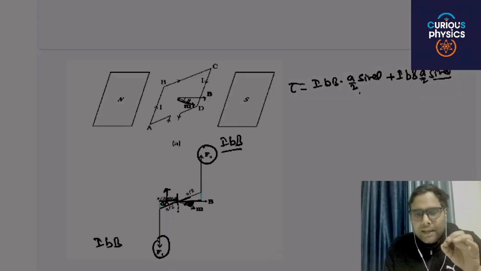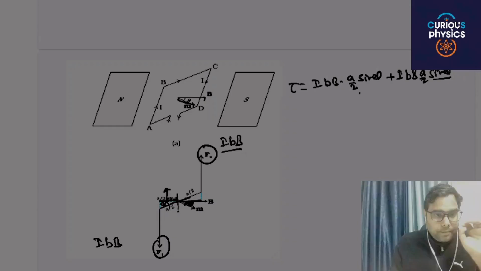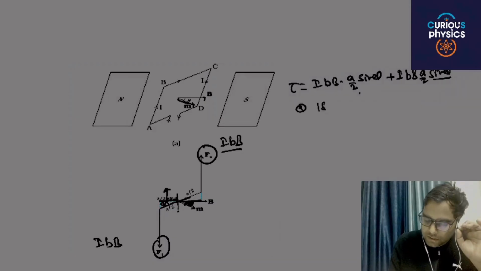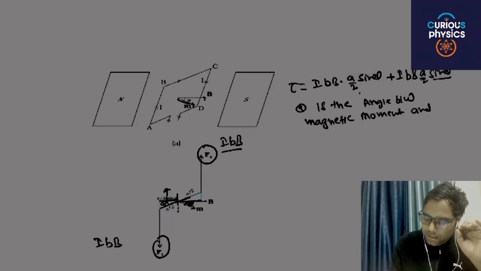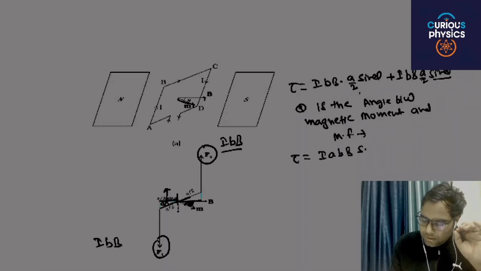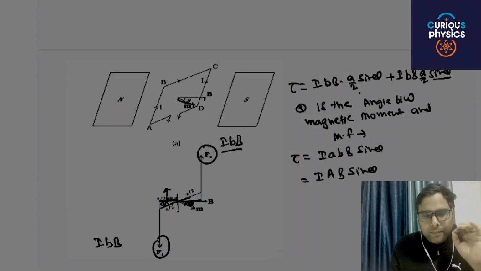And theta is the angle between magnetic moment and magnetic field. So total torque will be I A B sine theta, and what is the value of IA?